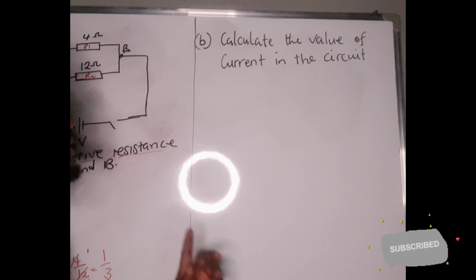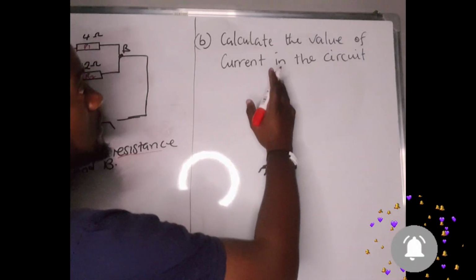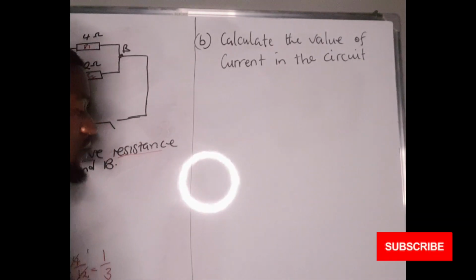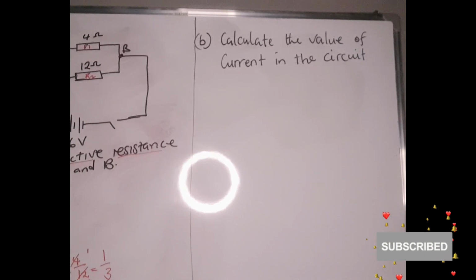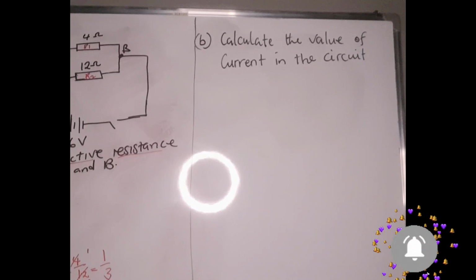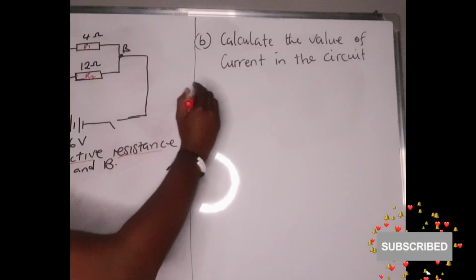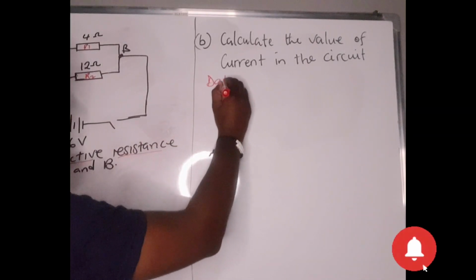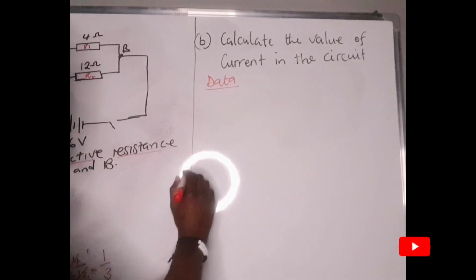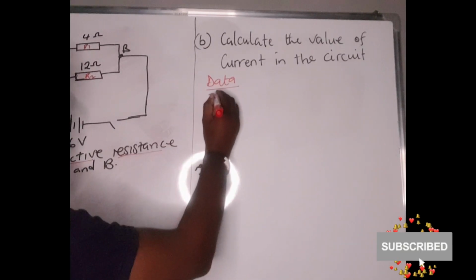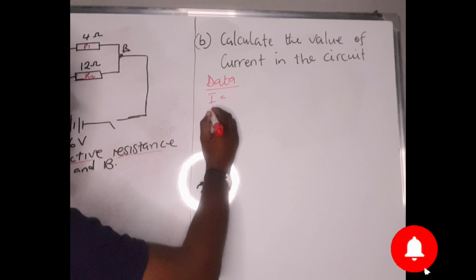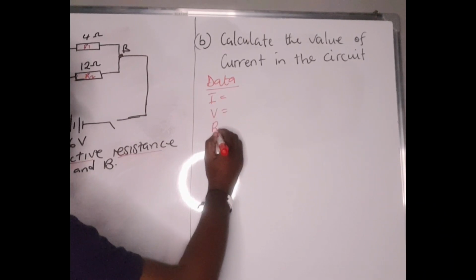Okay, so we look at this other one, which is saying calculate the value of the current in the circuit. Now that we've calculated the total resistance in the circuit, and we have the voltage or the potential difference in the circuit, we want to calculate the current in the circuit. So we write our data: current, voltage, and resistance.